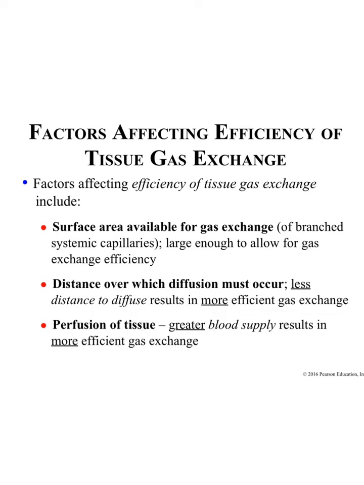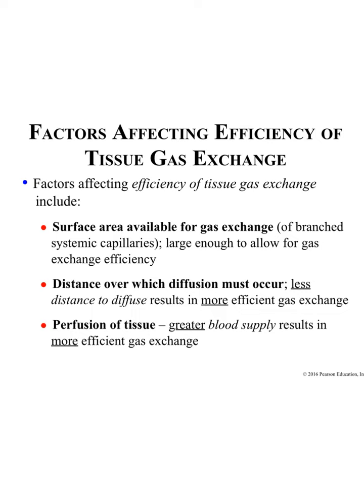Again, you see the distance that gases have to diffuse. Here you're really looking at thickness of tissue. If you're looking at simple cuboidal, something very thin, then that's a pretty short distance and you would have more gas exchange.